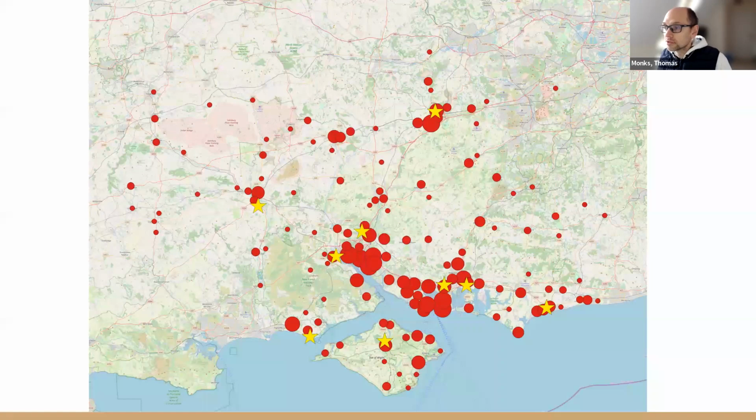The red dots represent where patients are located. The bigger the circle, the more patients are located at that particular place. So as you can see, it's a geographic problem we needed to deal with. Some of those patients are located quite remotely from the centres, and they need to travel in order to have their service.